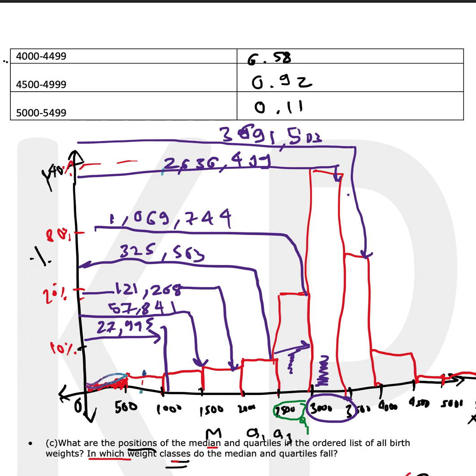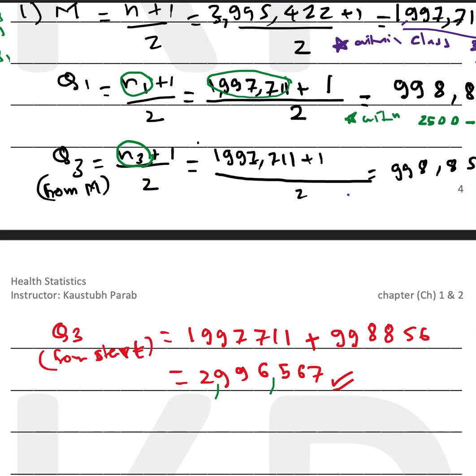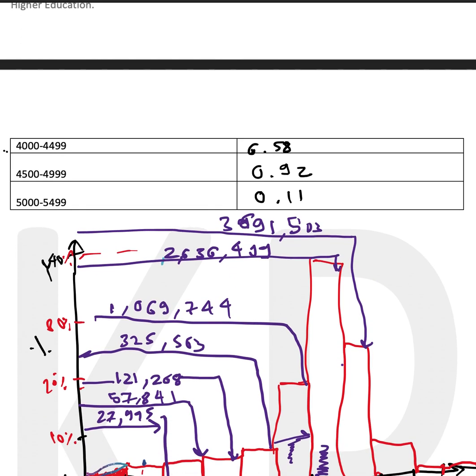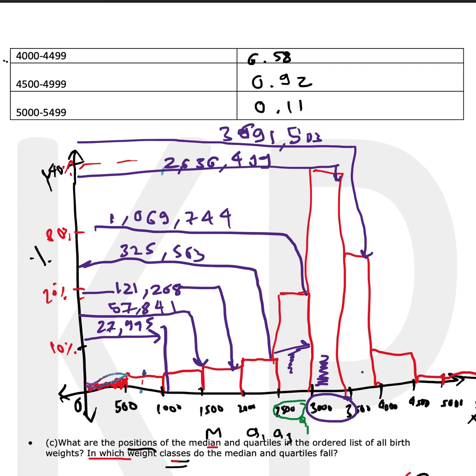So right away you can see that Q3 is about 3 million, and this is like about 3.5 million. So you know that right away the Q3 should lie somewhere within this particular bar of histogram.